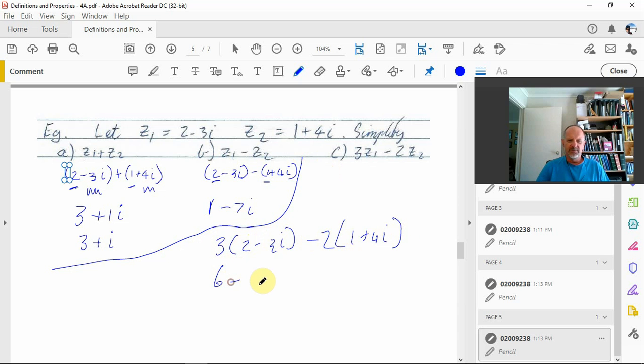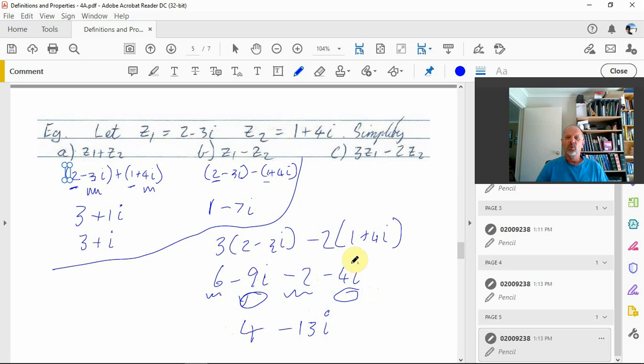So 6 minus 9i minus 2 minus 4i, and we look at our components. That's 4, minus 9 minus another 4 is minus 13, I hope.